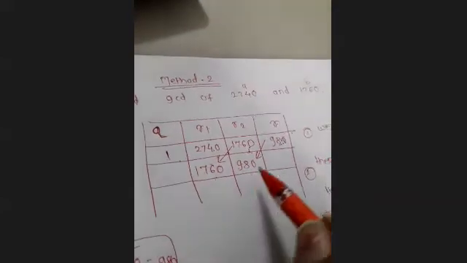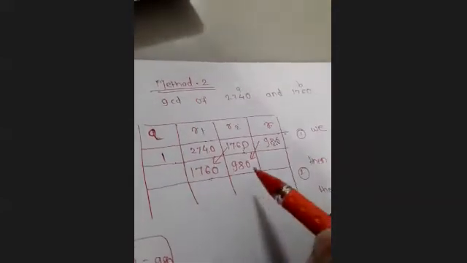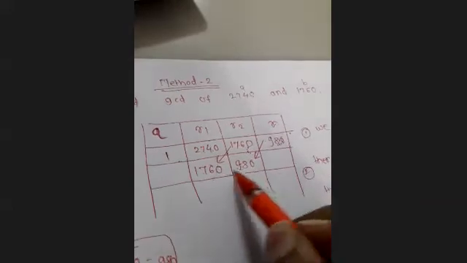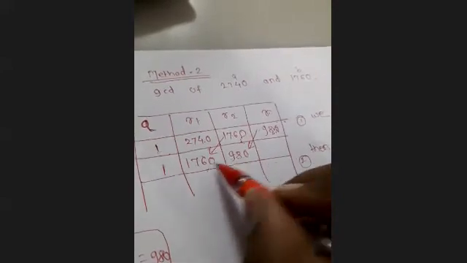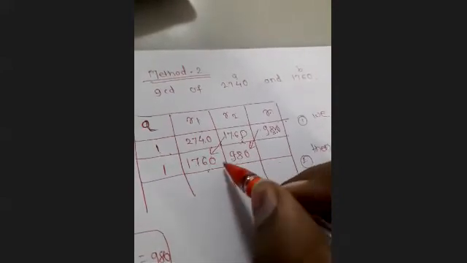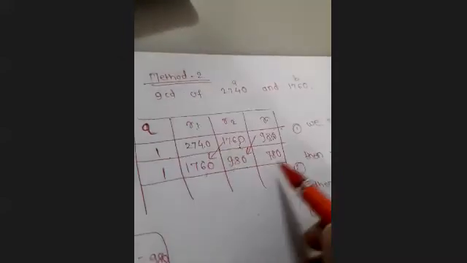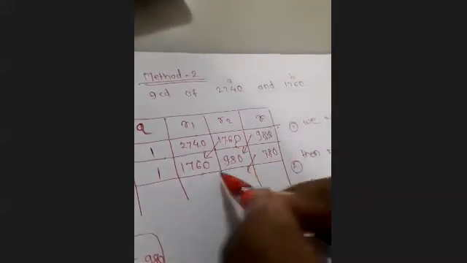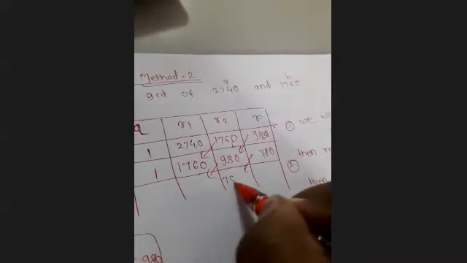Again repeat the same thing. Again we perform the mod operation. Here also we take the quotient 1. Then the remainder will be 780. Same thing, we replace. Here it is 780 and here 980.